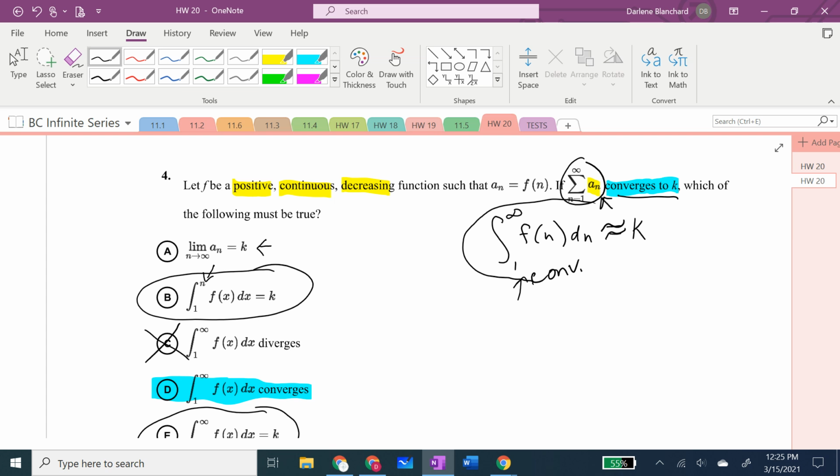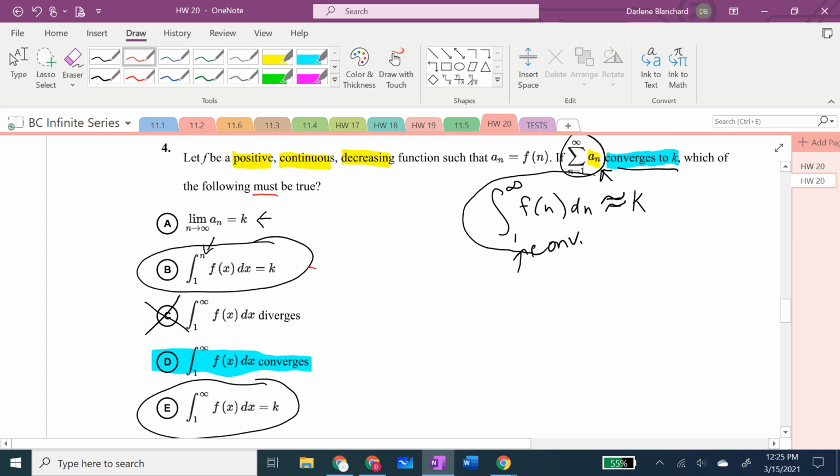And I want to make sure to clarify, this said which of the following must be true, to emphasize that even if we have some exception to the rule, B and E are not things that must be true. In fact, it's likely not.